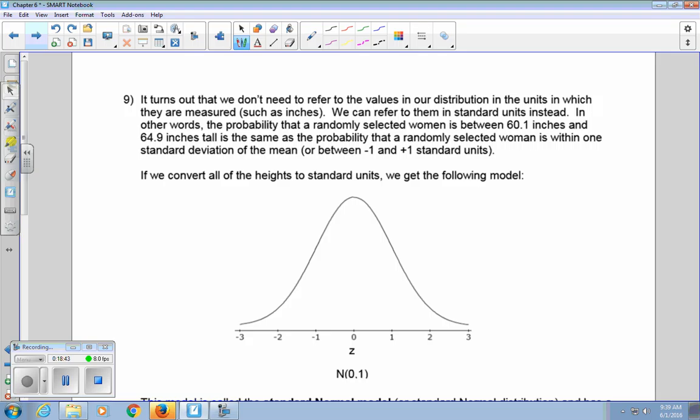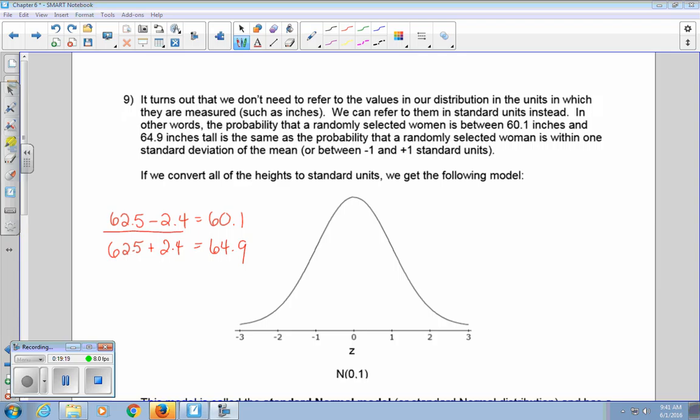And this helps us find probabilities. So in other words, the probability that a randomly selected woman is between 60.1 inches and 64.9 inches is the same as the probability that a randomly selected woman is within 1 standard deviation of the mean. If we take the mean and subtract 1 standard deviation, we get 60.1. And if we take the mean and add 1 standard deviation, we get 64.9.